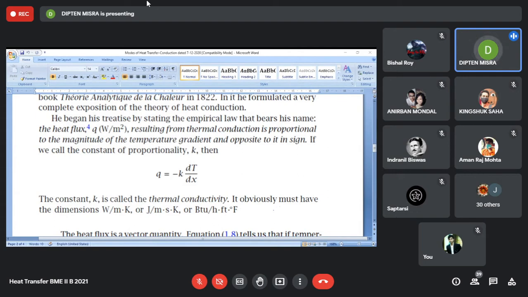But many times, when we simplify appropriately, we may get another result, and the results of the complicated phenomenon, taking all things into consideration, and a simplified approach may not vary much. Then it will be prudent or wiser to take a simplified approach.